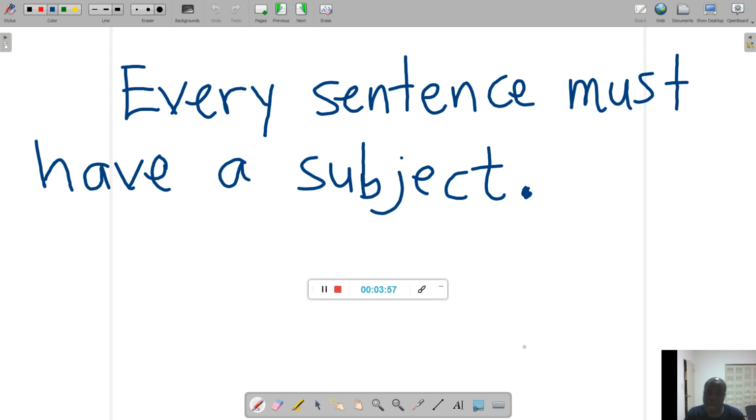So in a sentence, we should always look out for a subject. Sometimes a sentence may not contain a subject. The subject becomes imaginary. Now let's move on.